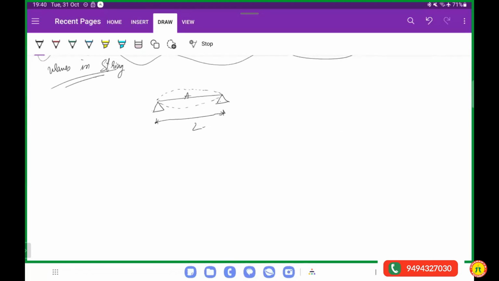Now, my fulcrum came out tilted. You draw it straight; I have drawn it tilted. Whatever we are talking about, we will talk about stationary waves only now.